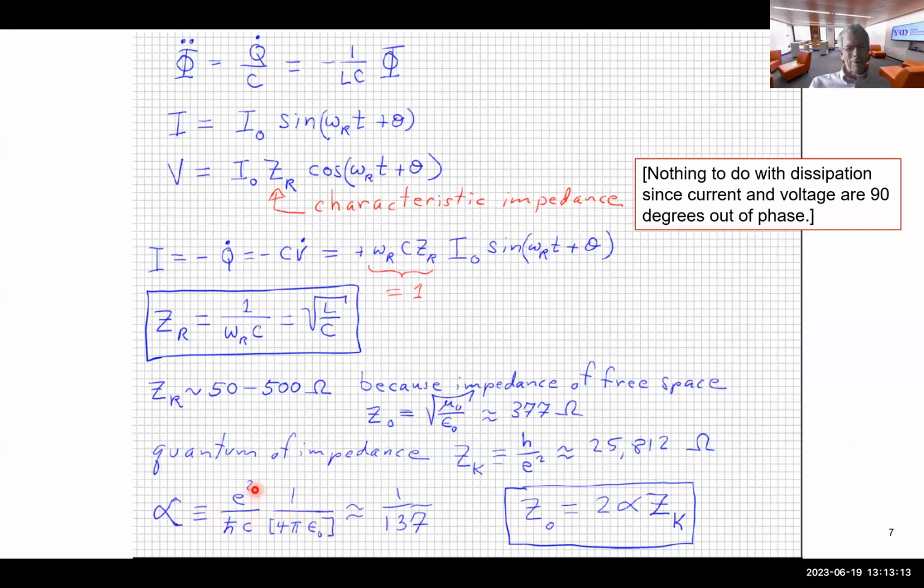Theorists write it this way, but when you write it in SI units, there's a 1 over 4 pi epsilon naught every time you see an e squared. And so the characteristic impedance of a classical lumped element oscillator that you make will be on the scale of the fine structure constant times the Klitzing constant, so that the h bars cancel out.